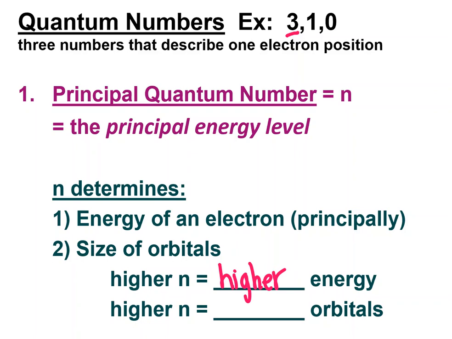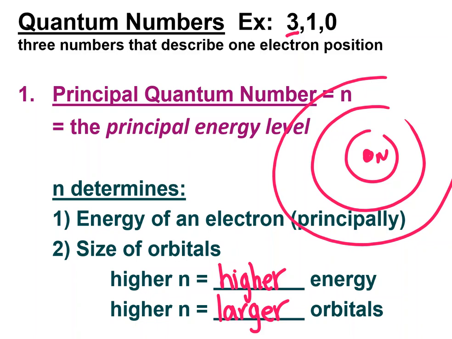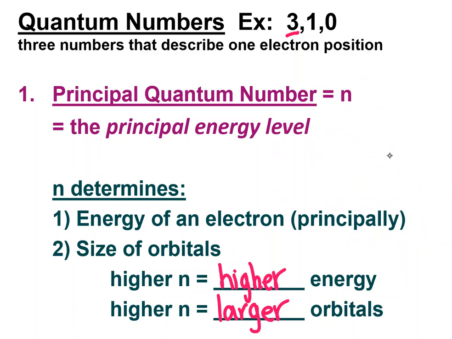But also the higher the n, the principal energy level, the larger the orbitals. And we kind of knew that already just looking at Bohr's model. If you have the nucleus, and as you go out, the energy levels get bigger and bigger. So really the orbitals are getting bigger and bigger, even though they're not really shaped like those circles. So that is the principal quantum number.